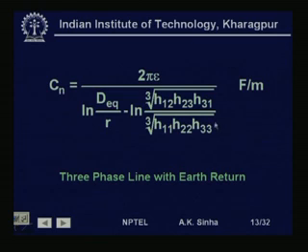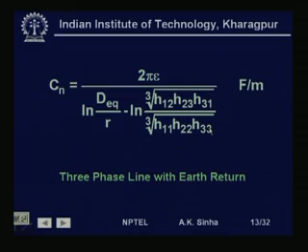Again, here we see if the phase conductors A, B, C are very far above the ground compared to the distance between them, then H12, H23 and H31 will be very nearly equal to H11, H22 and H33, and therefore, this term will come out to be 0, that is, the effect of ground will be negligible.